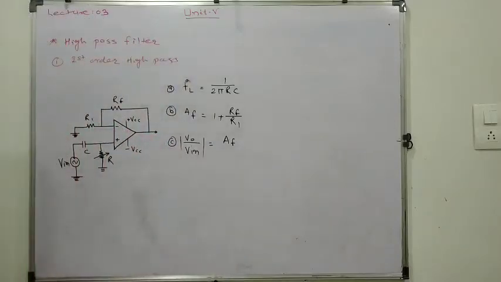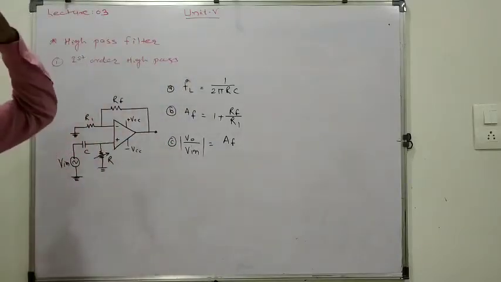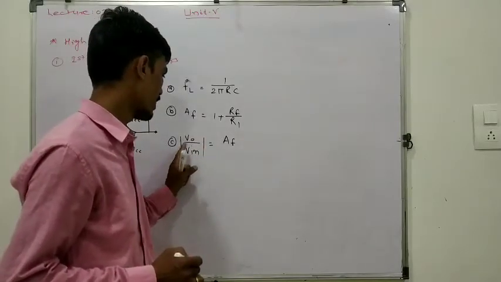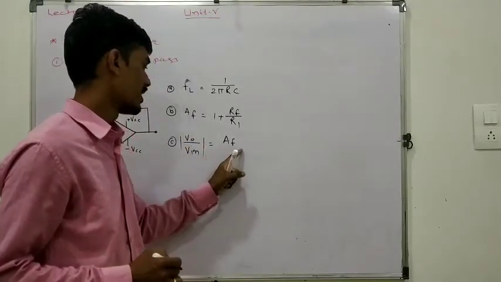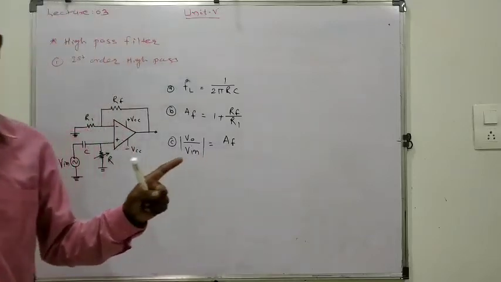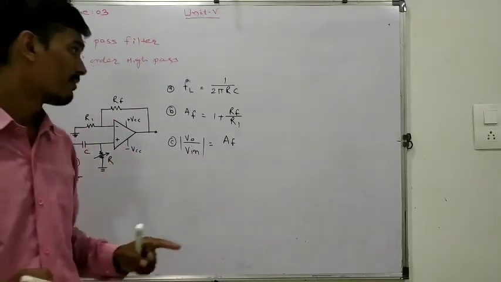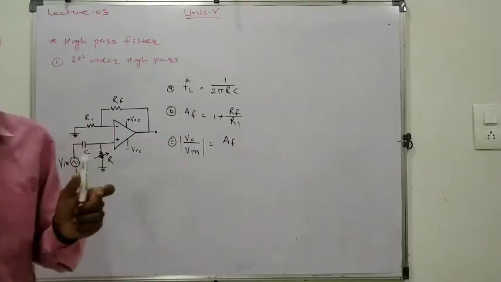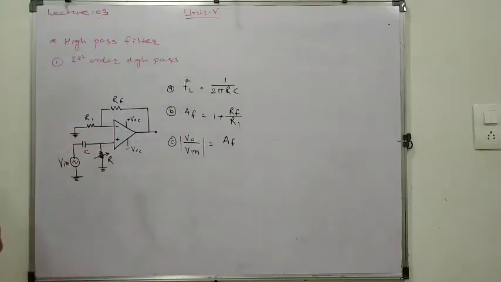So Vo by Vin for the first order high pass Butterworth filter is AF, the gain, multiplied with. In the previous case, we wrote the formula for Vo by Vin as AF upon the square root of 1 plus F divided by FH, raised to power 2, for the first order low pass Butterworth filter. But here there is a slight change in the formula.